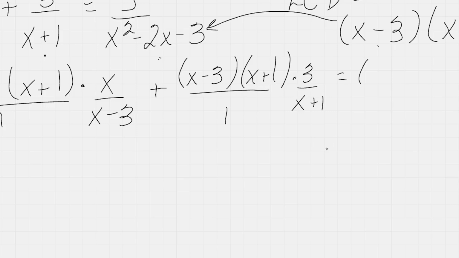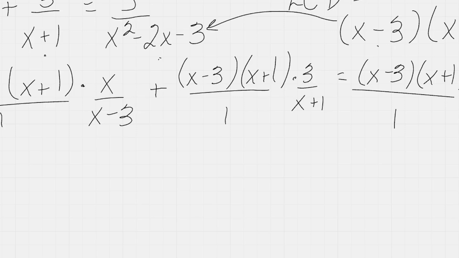And then set it equal to the LCD over 1 times 3 over x squared minus 2x minus 3. So what I did is I took the LCD, which is x minus 3 times x plus 1, and I multiplied it by each value in the linear equation.